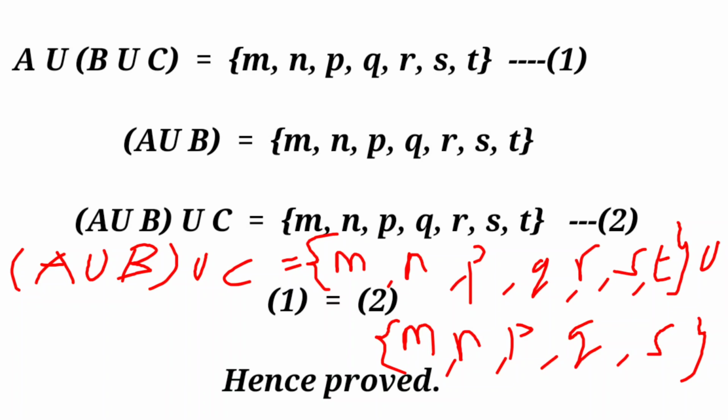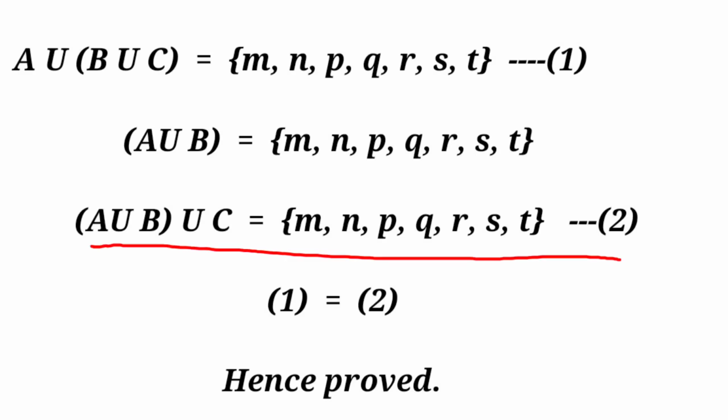Then A union B union C is equal to, first one A union B, M, N, P, Q, R, S, T union C, M, N, P, Q, S. Therefore A union B union C is equal to M, N, P, Q, R, S, T. From 1 and 2, LHS is equal to RHS.